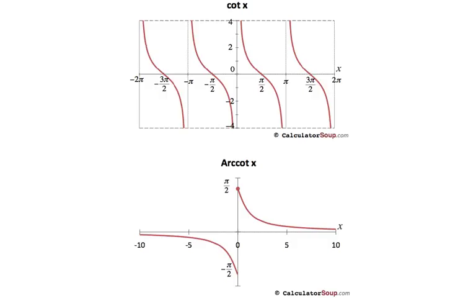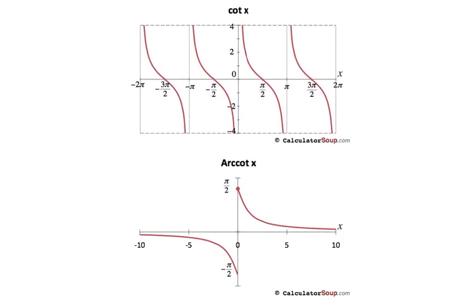They restricted their domain from between negative pi over 2 to 0 and 0 to pi over 2. I don't know why they didn't restrict it from 0 to pi. I guess we just want to make sure that the horizontal line test holds true. We don't usually do a lot with the arc cotangent, arc secant, and arc cosecant. We do most of our work with arc sine, arc cosine, and arc tangent.